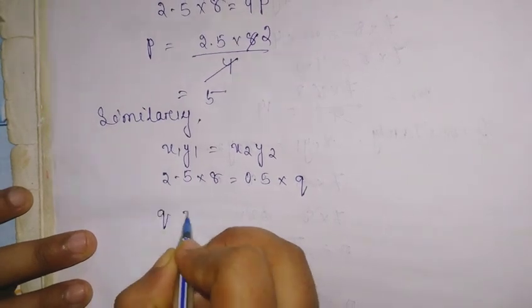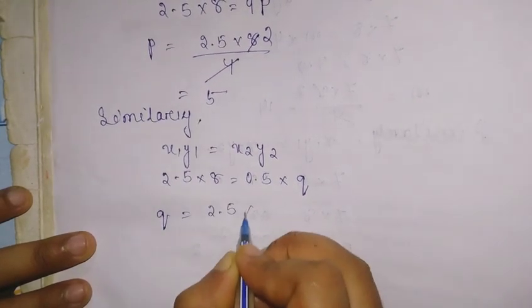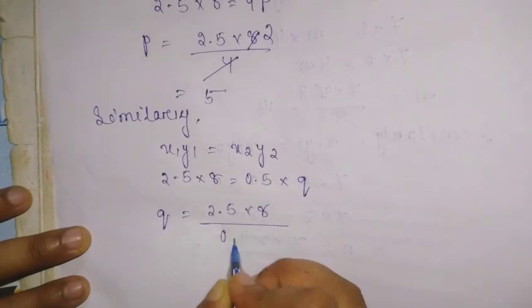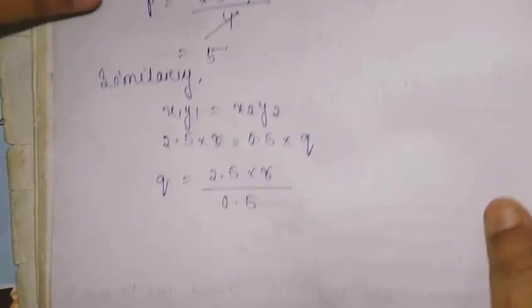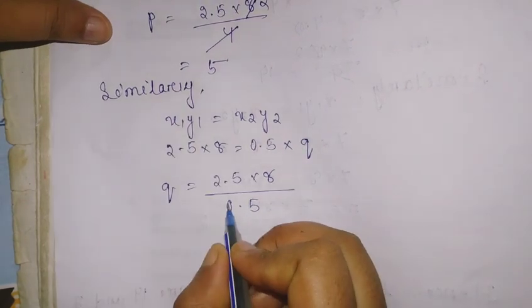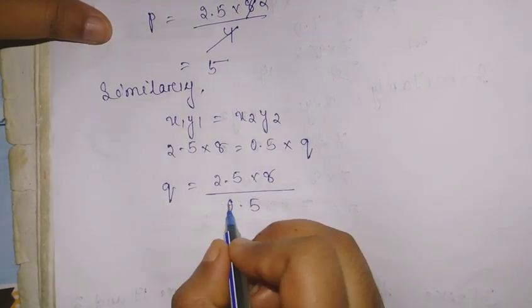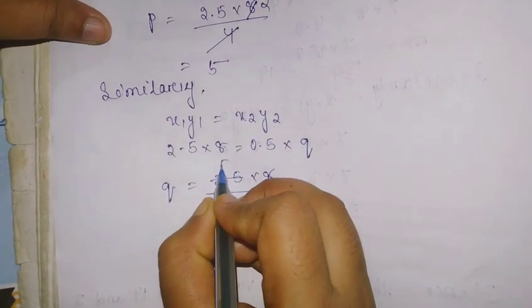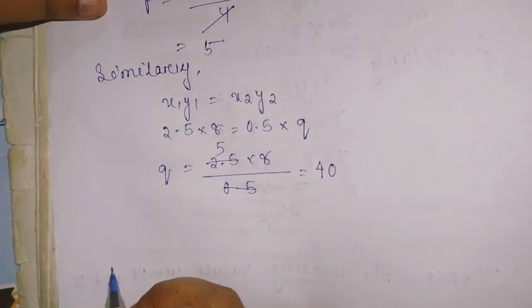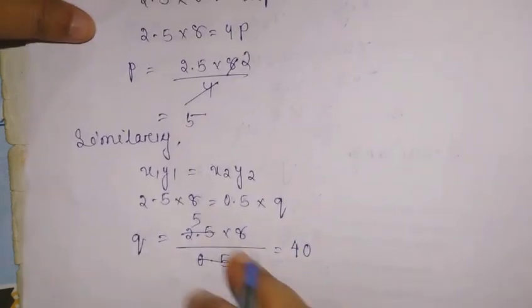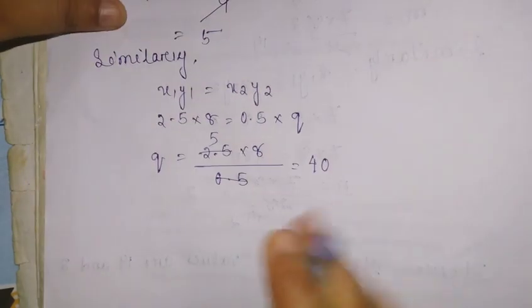Then q equals 2.5 into 8 divided by 0.5. Then we divide 2.5 by 0.5, which equals 5. Then 5 eights are 40. Hence the missing values are 5 and 40.